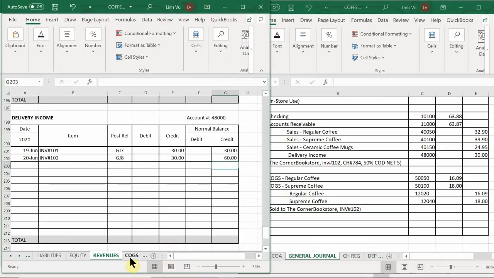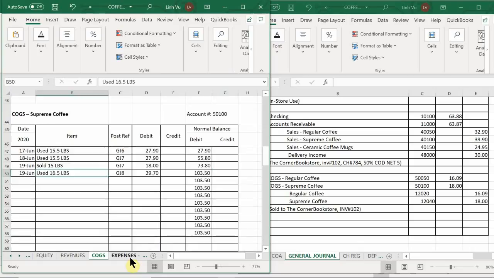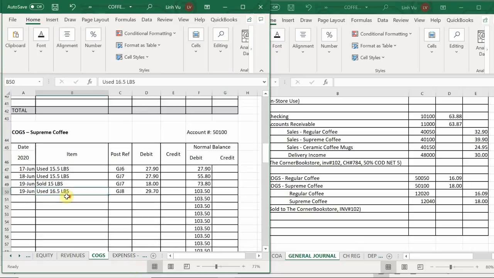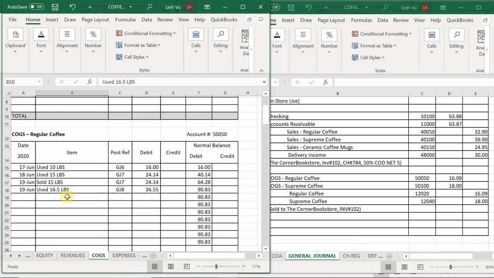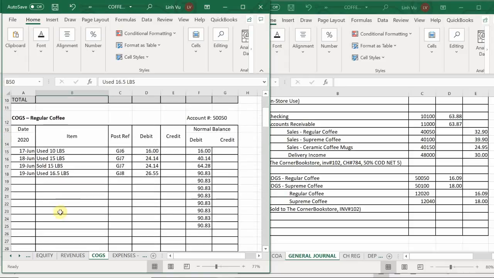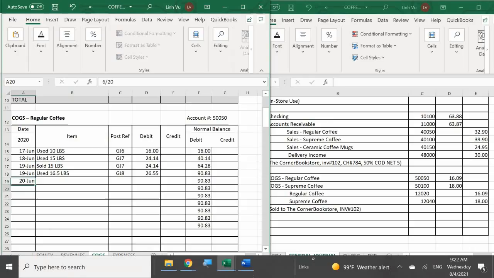Starting off with the cost of goods sold. Here we are, cost of goods sold for the regular coffee. How many pounds did I sell? 10 pounds. Yes. So here we sold 10 pounds.